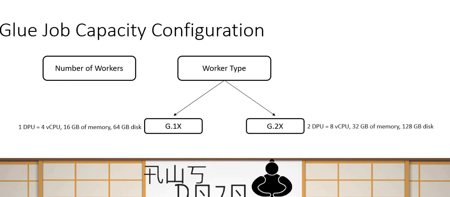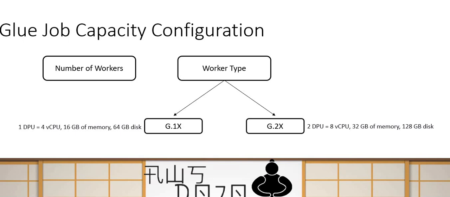Or you can go for the G.2x worker type, and then you get 2 DPUs, which are equivalent to 8 vCPUs, 32 GB memory, and 128 GB disk.